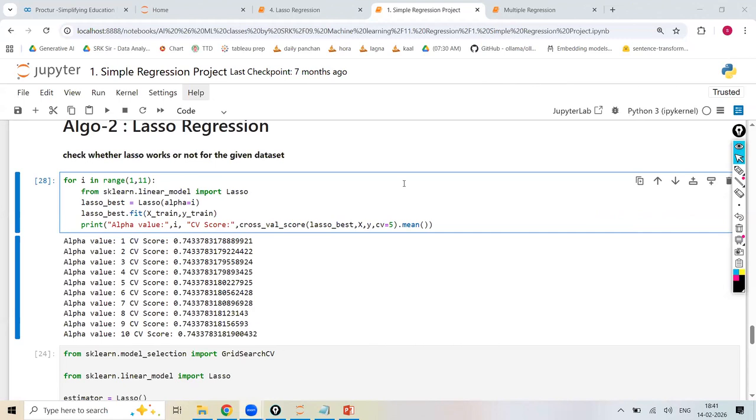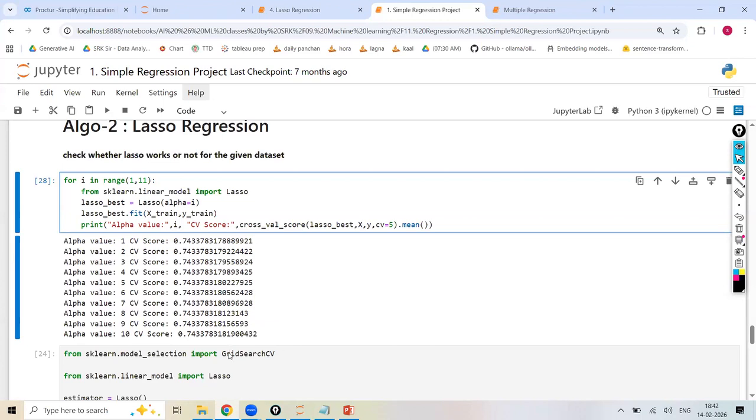Understood or not? Everyone? So for the given data set, first you are going to observe whether lasso is working or not. First step is that. If values are different, lasso is working. Whenever you observe that all the values are the same, lasso is not working. Simple.